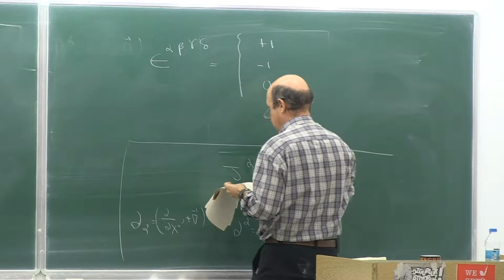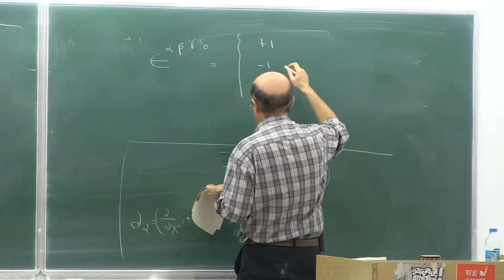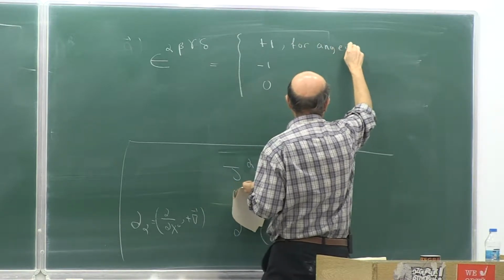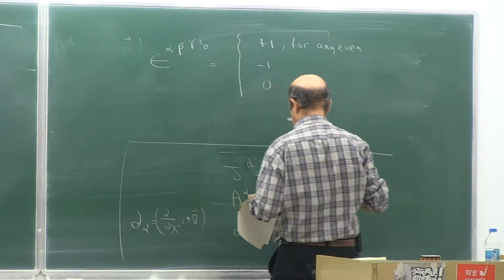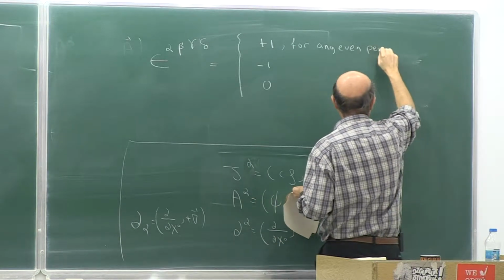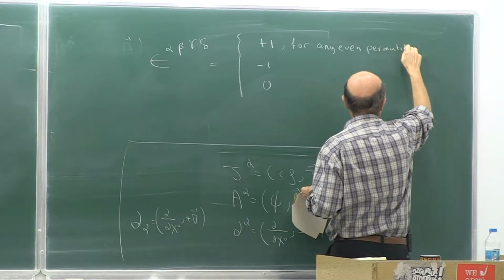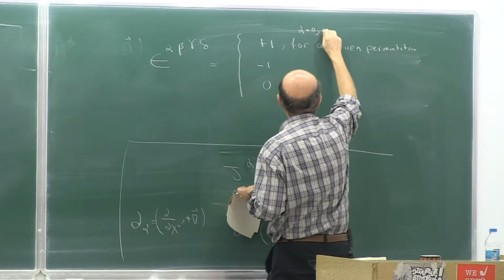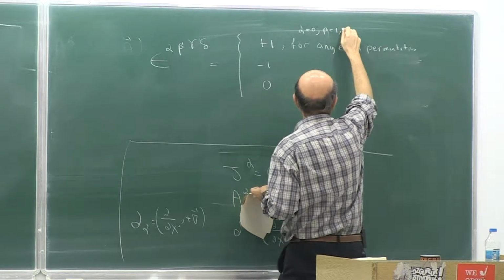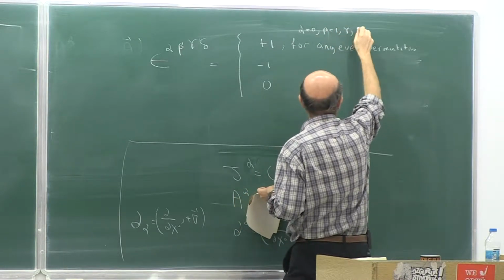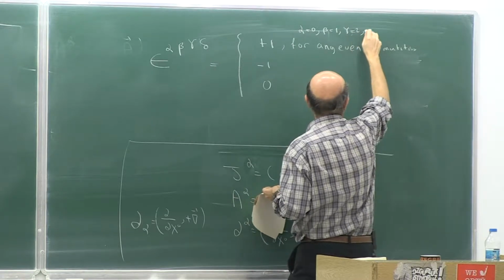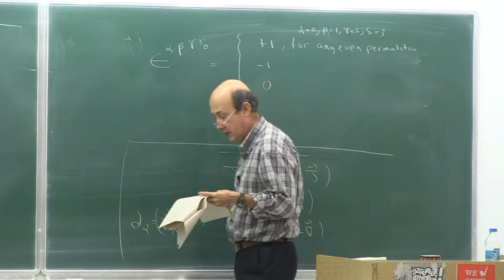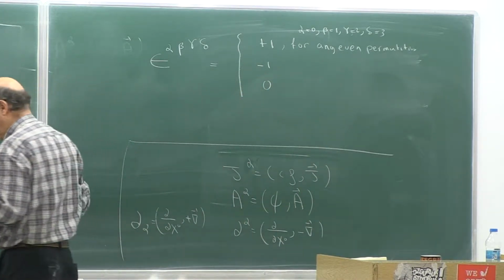So +1 for any even permutations, such as alpha could be 0, beta could be 1, gamma 2, delta is 3. So if you have an even permutation, that is 1.